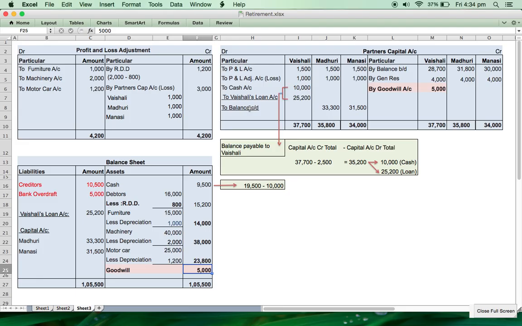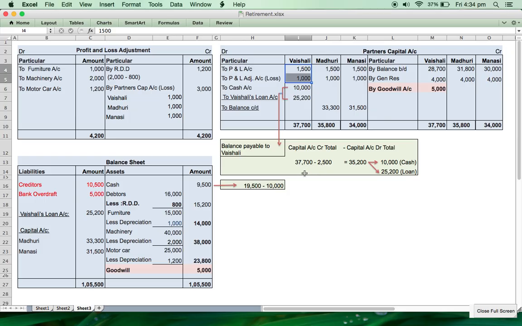So first let's understand how to calculate this amount payable to Vaishali. For that, we are going to take her capital account credit total, which is 28,700 plus 4,000 plus 5,000, which is 37,700, minus her debit total, which would be 1,500 plus 1,000, that is 2,500.